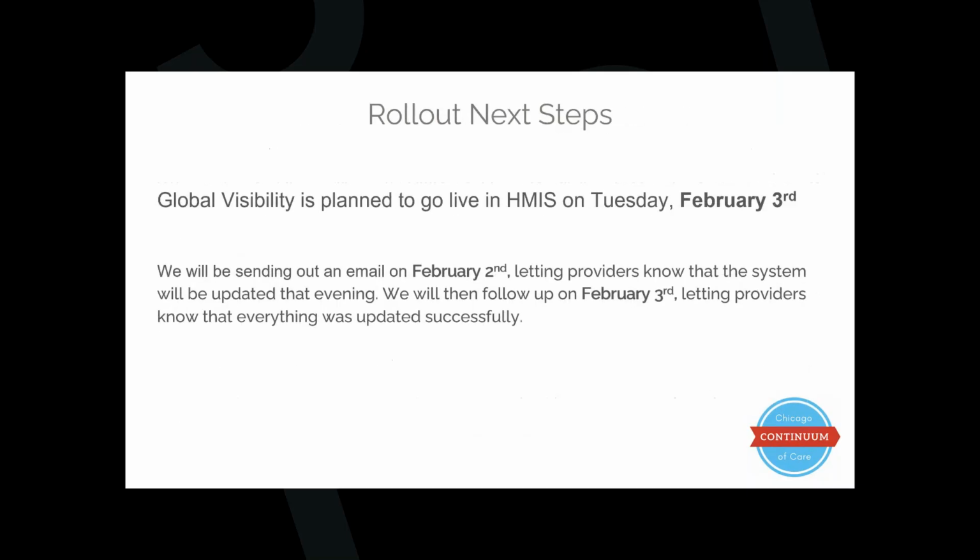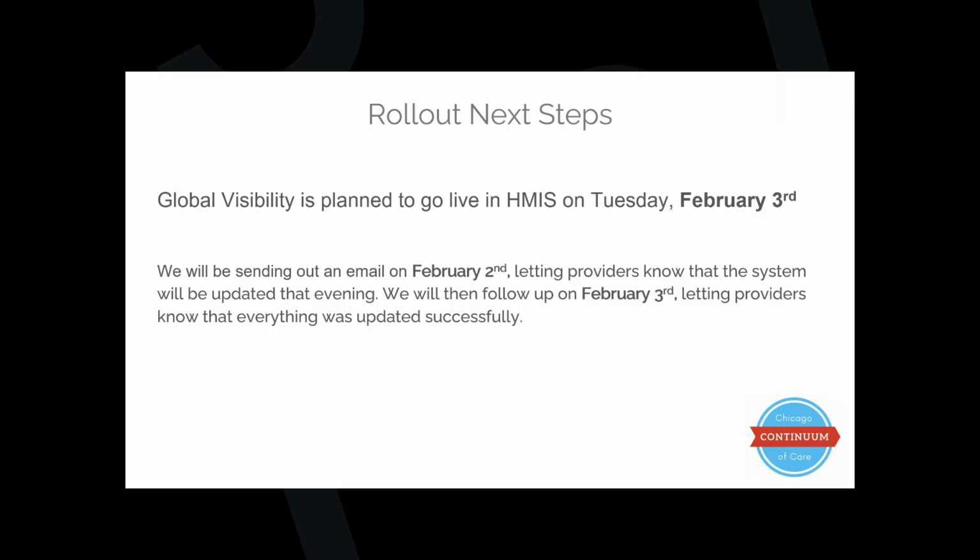Okay, so when it comes to rollout and next steps, global visibility is planned to go live in HMIS on Tuesday, February 3rd. That's the current date that we have planned to launch it. If anything changes with this date, we'll definitely send out numerous emails updating the date. But at this time, we will be sending out an email on February 2nd, letting providers know that the system will be updated that evening.